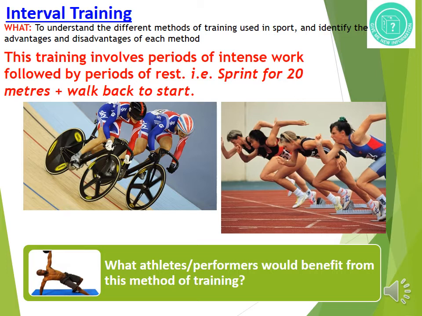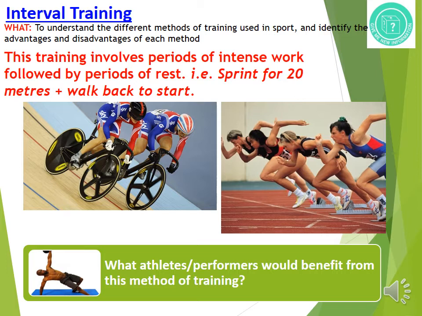So we're looking at interval training first. This involves a period of intense work followed by a period of rest. The example we've given you here is a sprint for 20 meters and then a walk back to the start, and then you do that again, about 10 times, let's say, and then maybe move on to something else. You'll notice here that the rest isn't always just standing still.